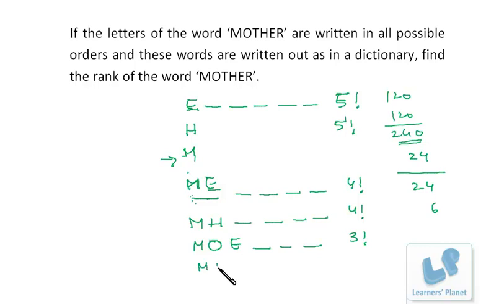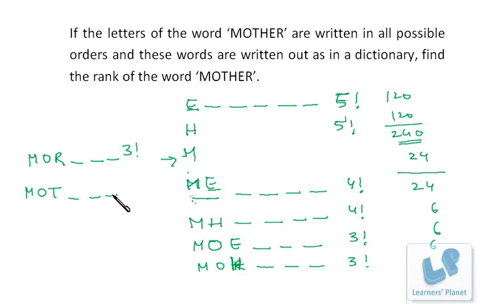Now the next is MOH, so further 3 factorial, 6. Then next is MOR, further 6, 3 factorial. Now the next turn is MOT according to the dictionary.